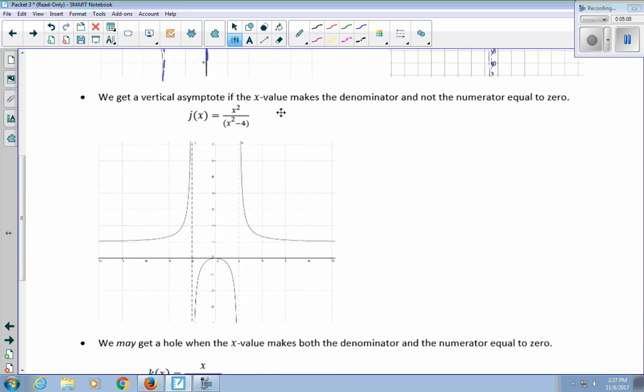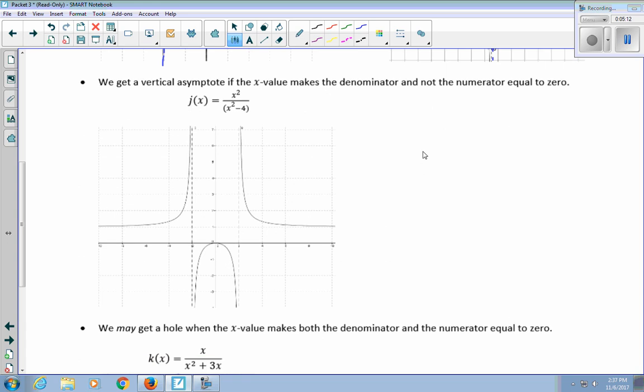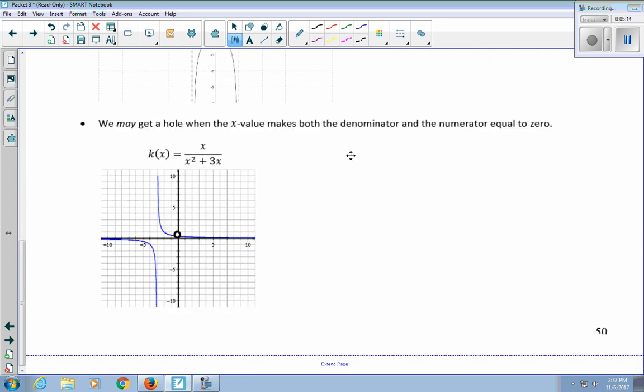You tend to get a vertical asymptote if the x value makes the denominator but not the numerator 0. You may get a hole when the x value makes both the denominator and the numerator 0. Right? So typically that happens when you're reducing, you will notice it by saying you get a factor that cancels. That should be a tip-off that you might have a hole.